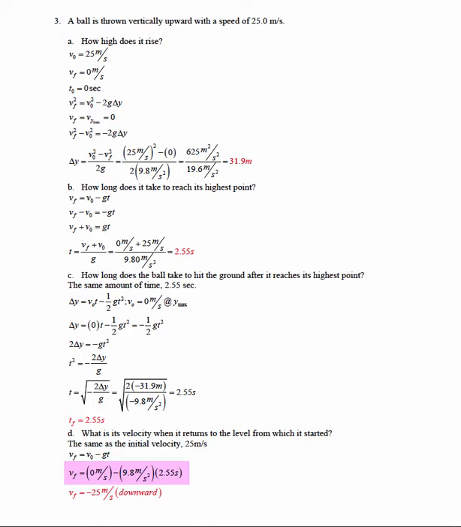Put our values in. We know the initial velocity is 0 meters per second. Gravity times the amount of time it took, 2.55, gives us a final velocity of minus 25 meters per second, downward, hence the negative sign.